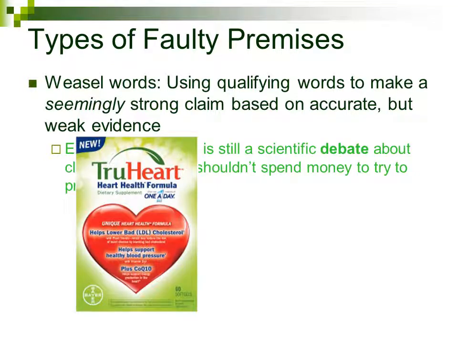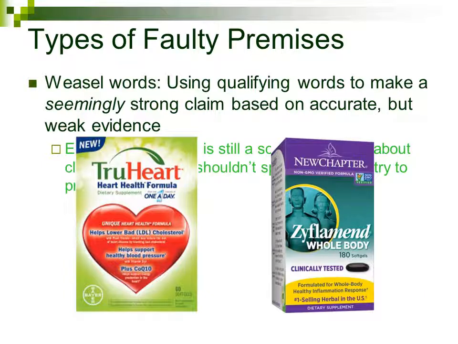Or in this case, they can claim to help support healthy blood pressure or formulated for whole body healthy inflammation response, whatever that means. So the point here is that it sounds like these products are saying that they can treat your high blood pressure or they can cure your inflammation, when really that's not what they're claiming to be able to do, because, well, they can't.